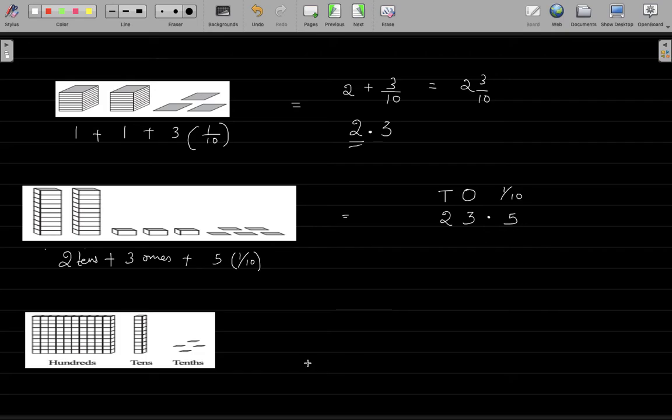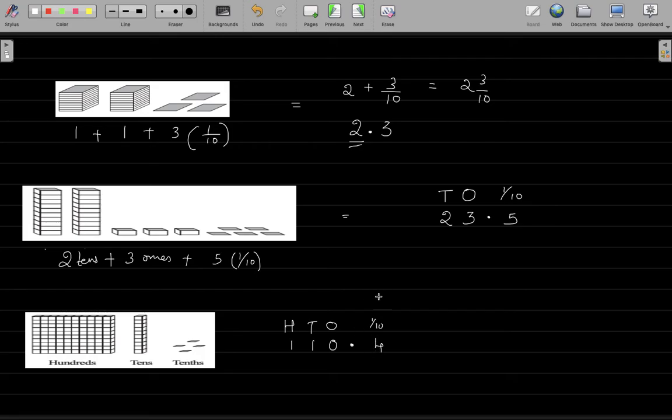You understand? Suppose here I have hundreds place, here I have tens place. Let me write the positional things here. This is ones, tens, hundreds, and we have a point, and this is 1/10th, right? So in hundreds, I have 1, I have 1 in tens. There are no units, so I have 0 units, but after the decimal I have 4/10.